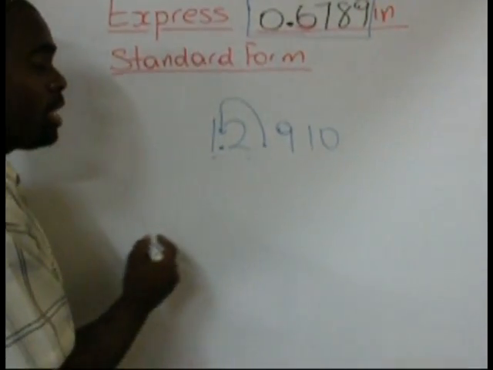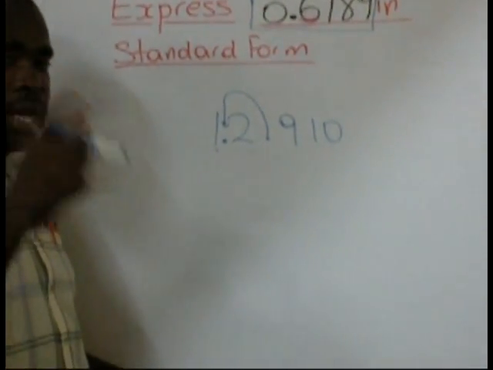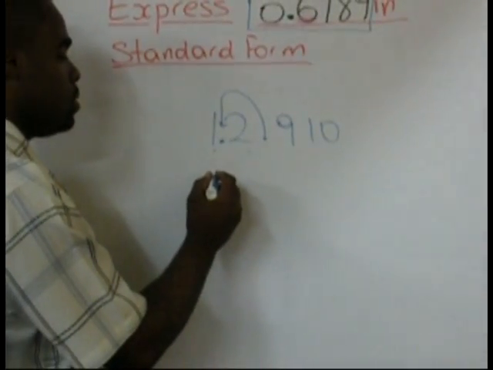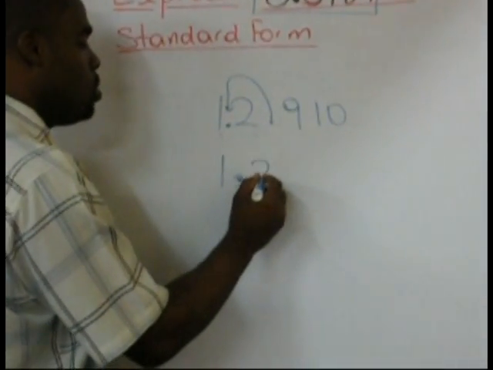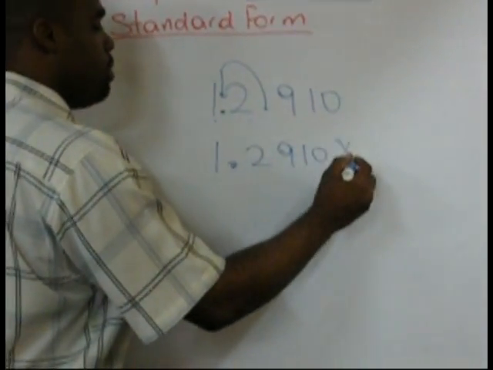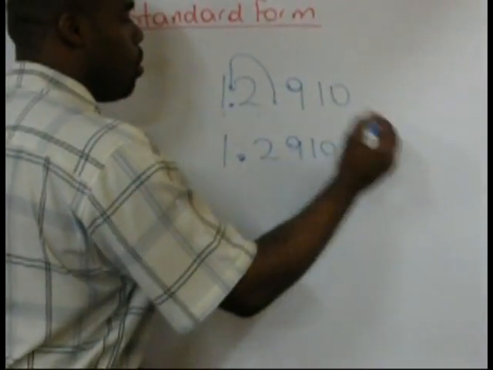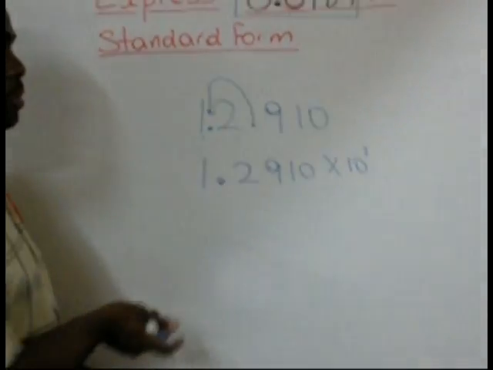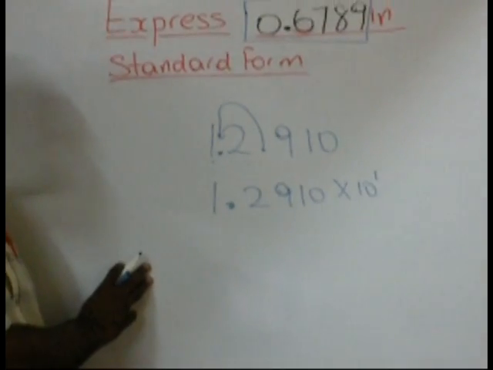Once. So what's the answer for this? You pause the video and write down the answer. Alright, did you get this? 1.2910 times 10 to the 1. Very good.